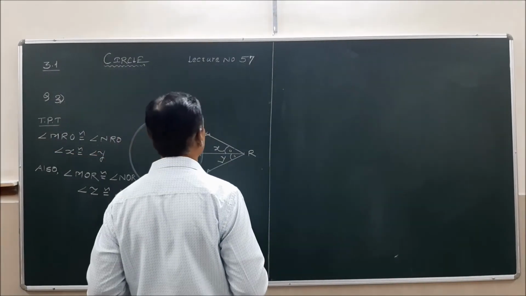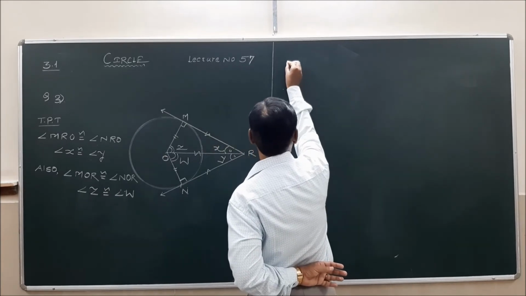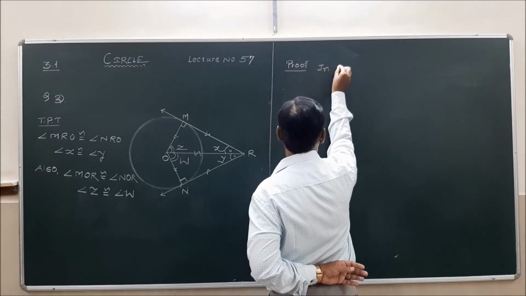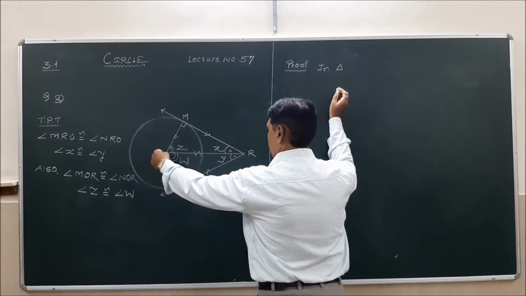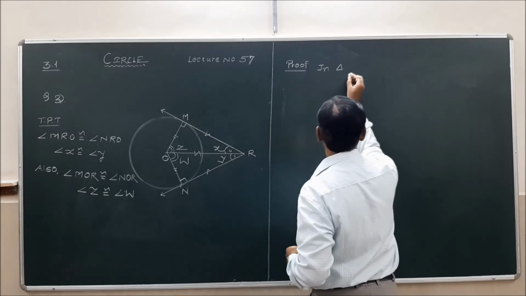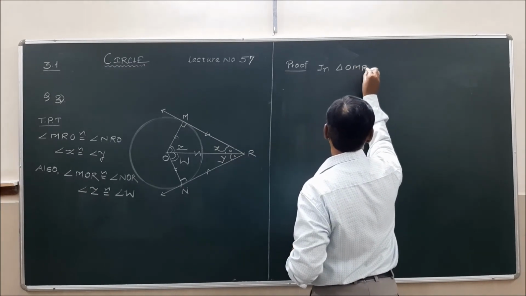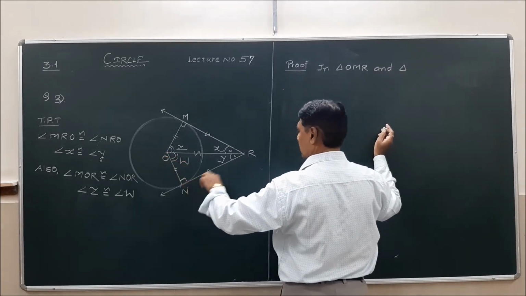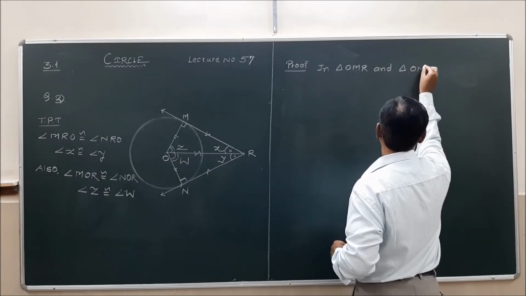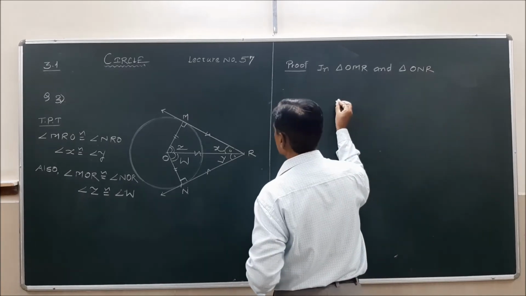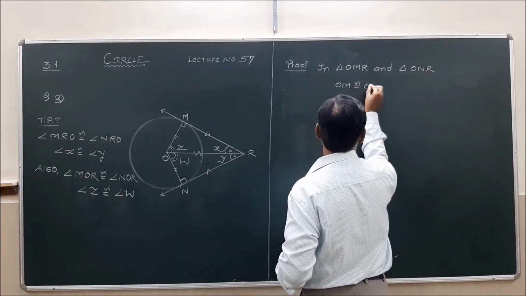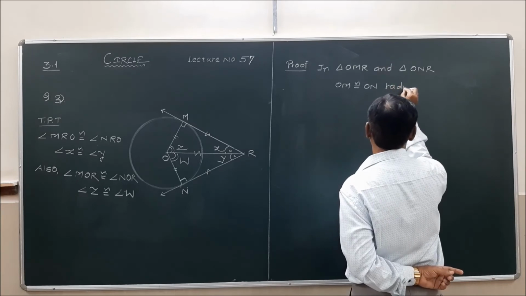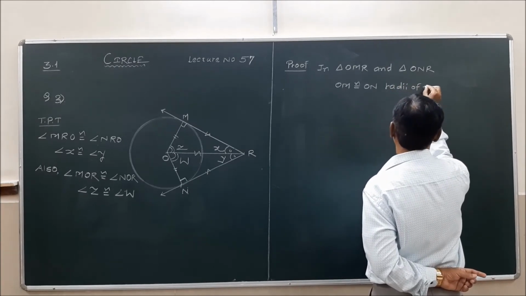So you will find, now I am going to begin the proof here. In triangle OMR and triangle ONR, OM is congruent to ON, radii of the same circle.